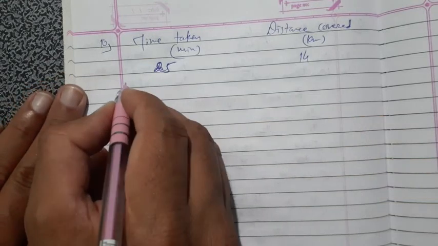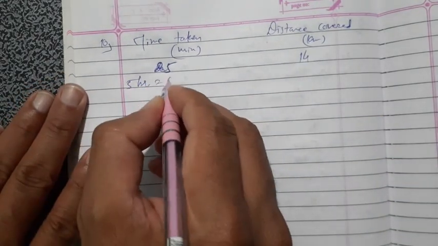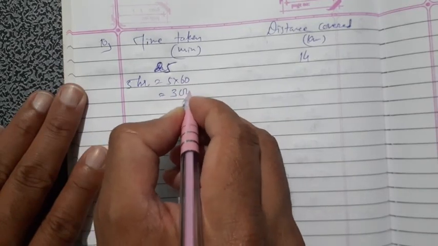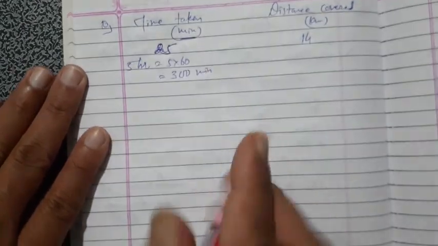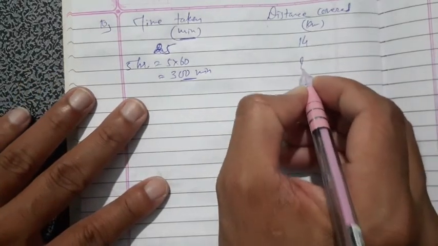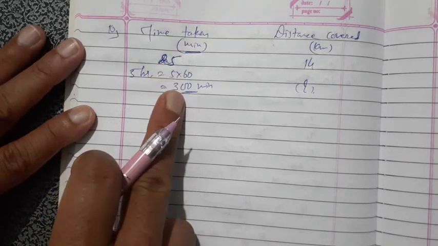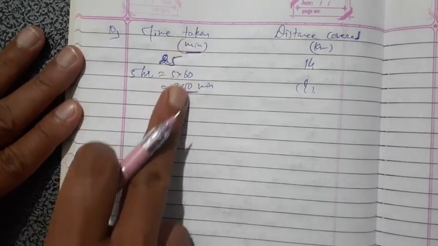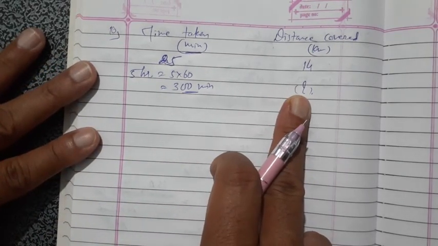When it travels 5 hours, 5 hours means 5 into 60 equals 300 minutes. Because here it's given in minutes, convert 5 hours into minutes, 300. How much distance is covered? When it takes more time at the same speed, the distance covered is more.